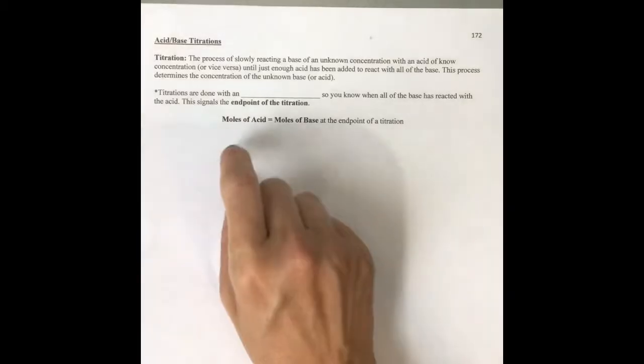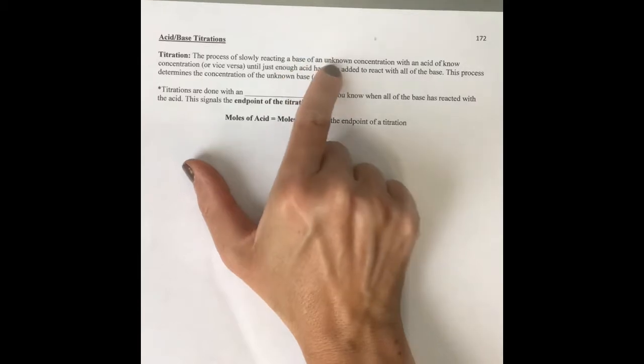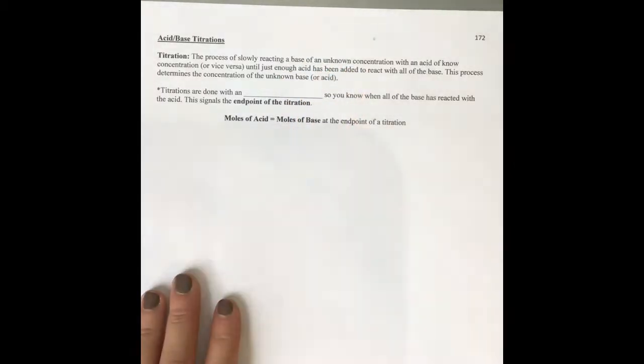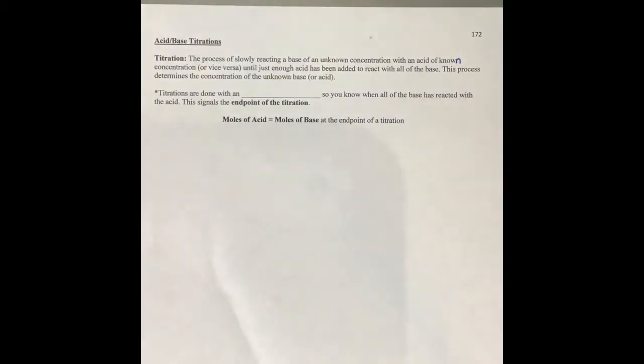Okay, let's flip over to the back of your paper, and we're going to talk about something called titrations. And a titration is what you're going to be doing in your lab today. A titration is the process of slowly reacting a base of an unknown concentration with an acid of a known concentration, or vice versa, until enough acid has been added to react with all of the base.